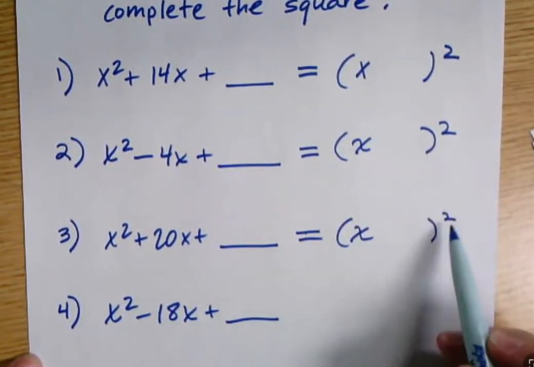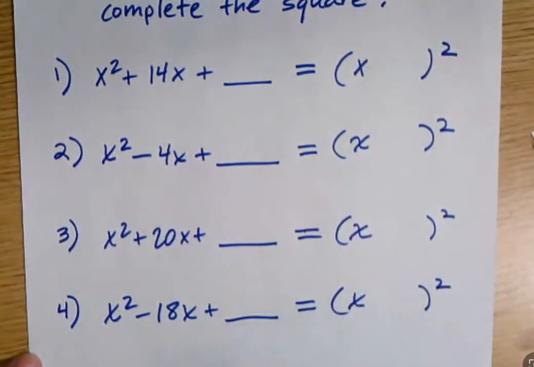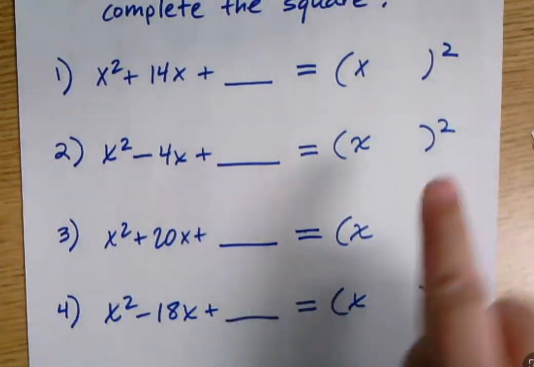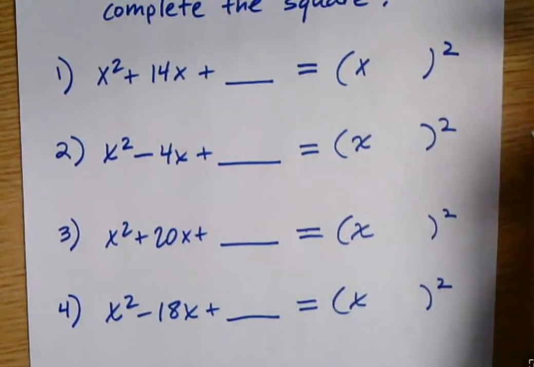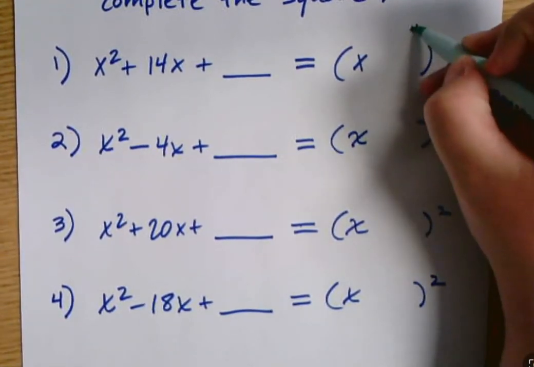x plus or minus something, squared. The number that goes in here, sorry for the bell, we're going to call this number 5.